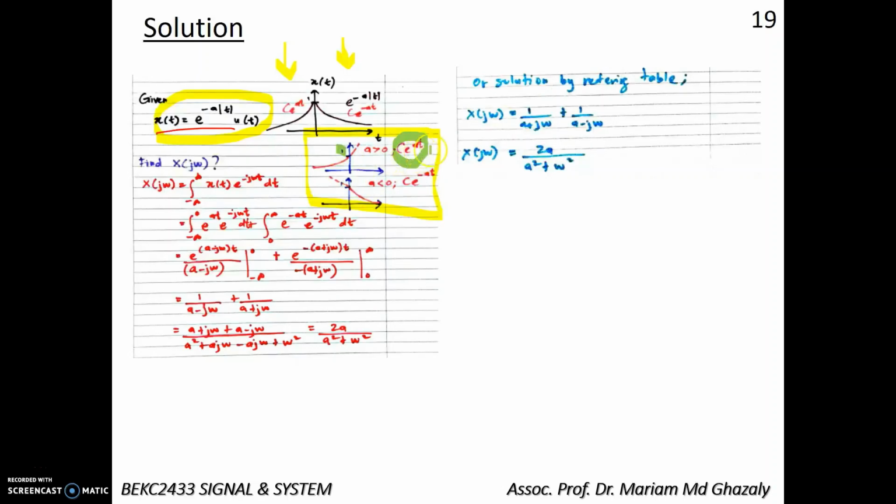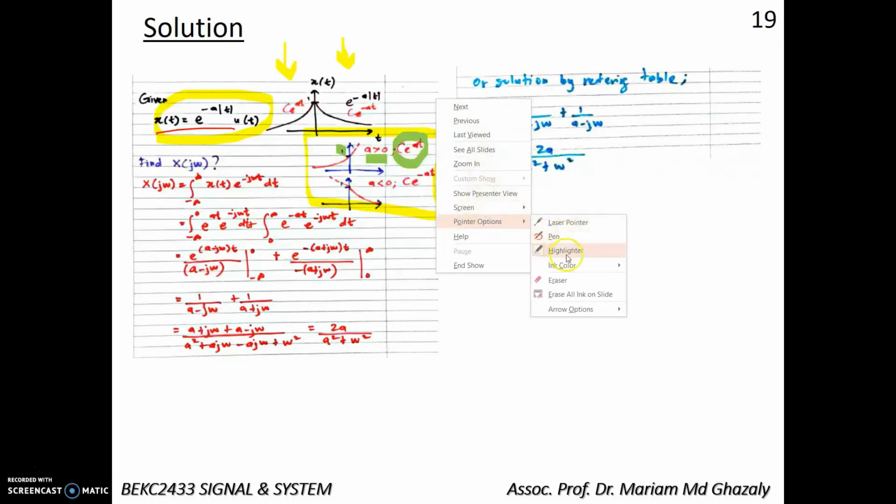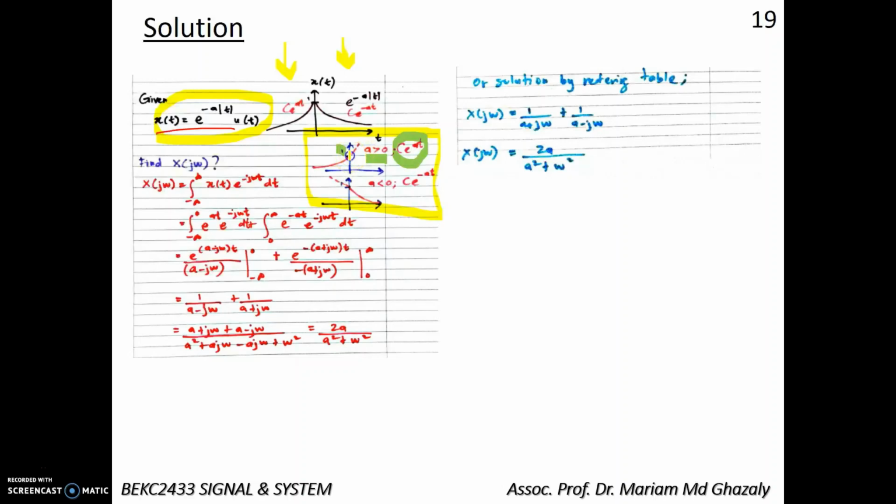So e to the a t, so a refers to this one. When a is greater than 0, you will have an increasing exponential on the negative side here. So it means that you're going to start the signal from this point and move up, and it will cross the y-axis at the value 1.